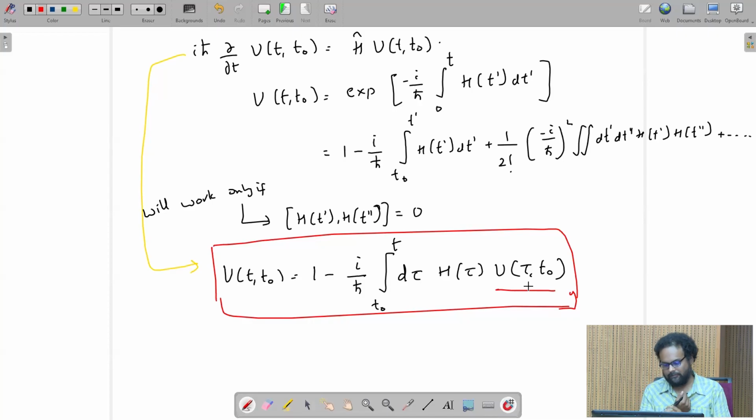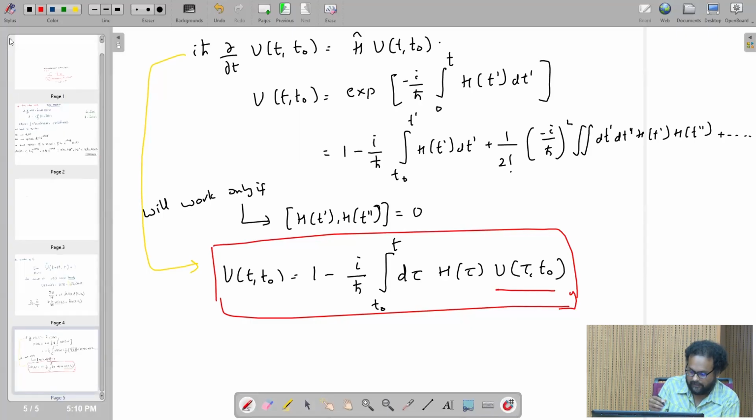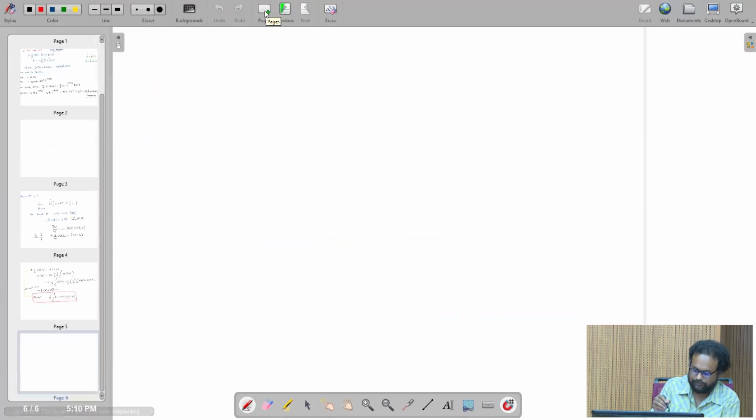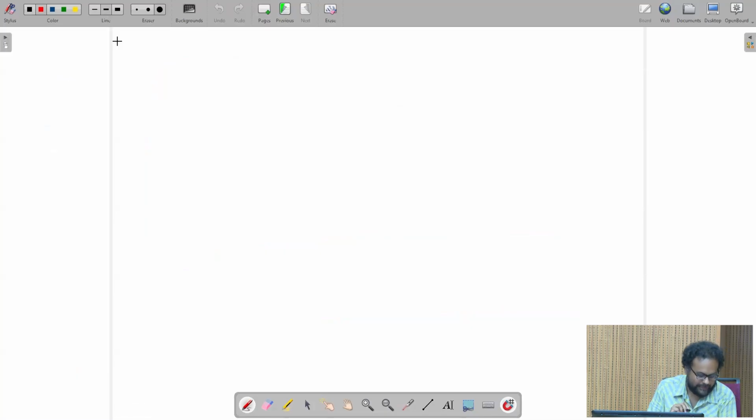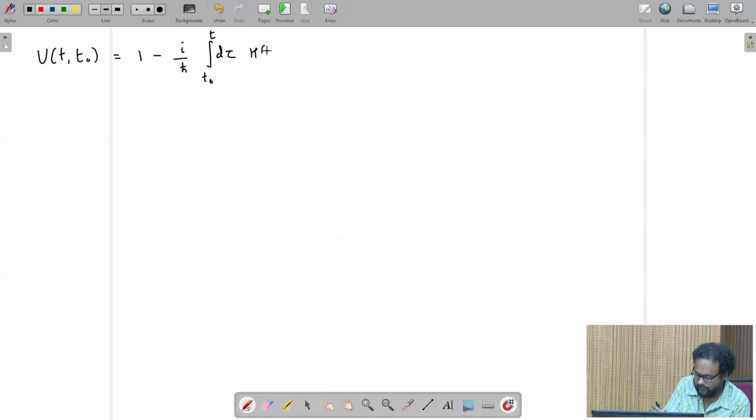So what we can do now is make an iterative expansion of this. Let's see if we can find, at least in an approximate way, some approximate solution. So we're going to make an iterative expansion of that. It gets a bit cumbersome, bear with me, and it will be beautiful. Just 1 minus i over h cross integral t naught to t d tau H of tau.